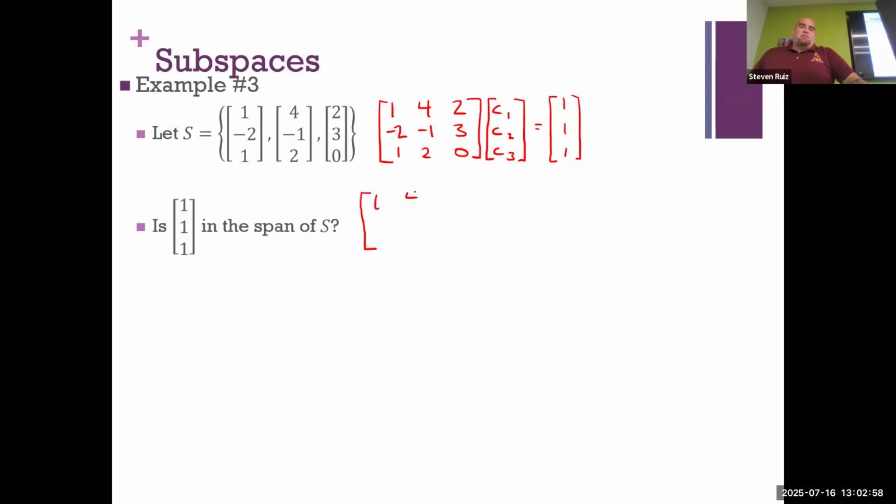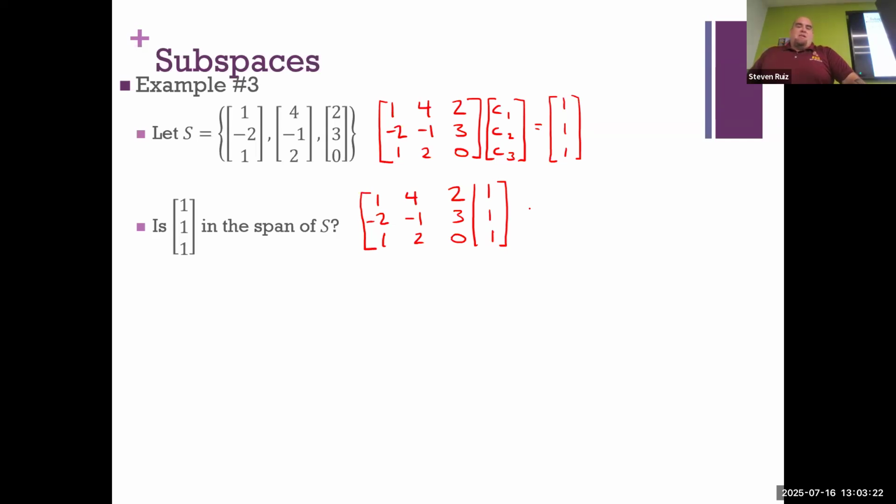Let's try to reduce this matrix, not so we're looking for an inverse, but now let's just look for a solution to this. Now we know if this works, it won't be unique, because if there was a unique solution, we would have found the inverse.